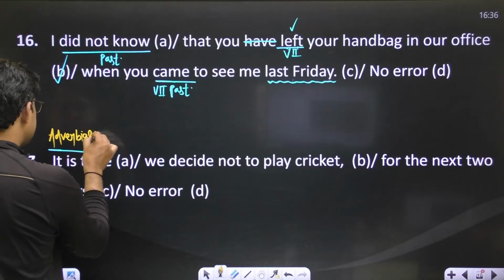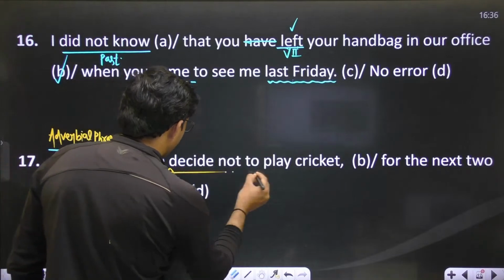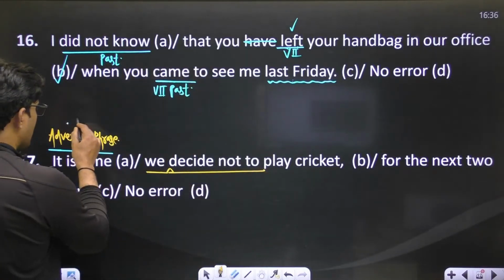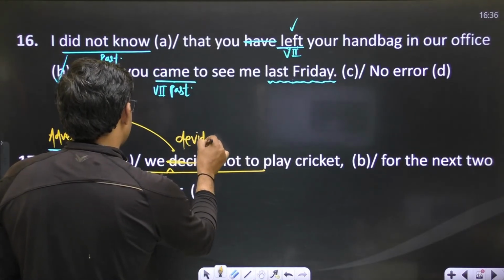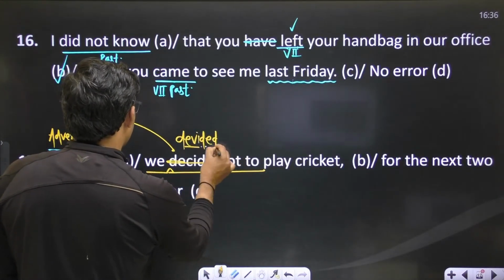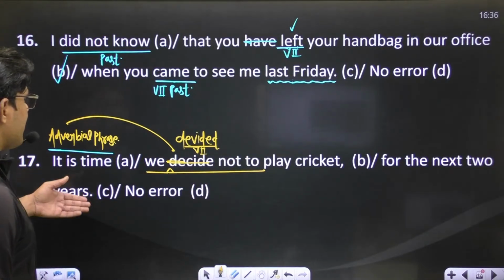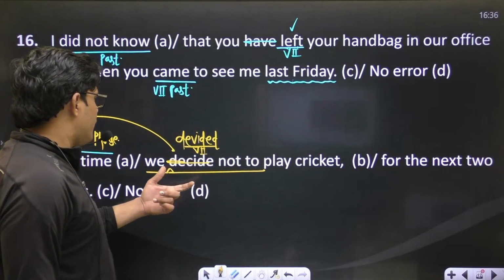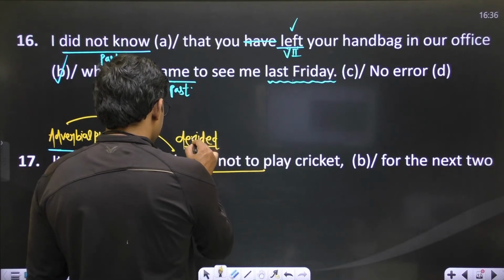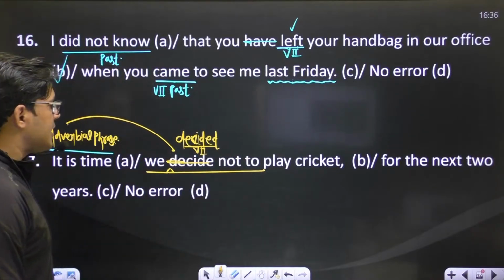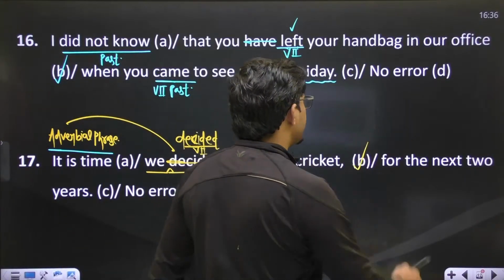And whenever you get a clause after this adverbial phrase, this phrase always demands the past subjunctive mood, which means the second form of the main verb will be there. The sentence will be like: it is time we decided, not to play cricket for the next 2 years. And error is in part B.